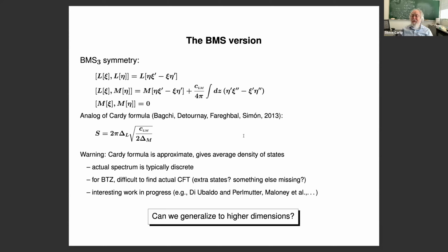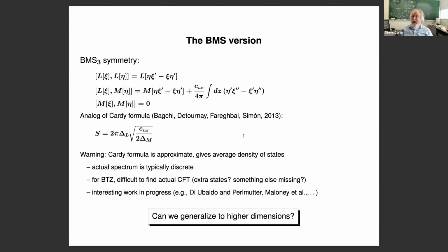Now, I should pause for a second and give you a warning about all of this. First of all, the Cardy formula is only an approximation, one for which higher order corrections are fairly well understood.